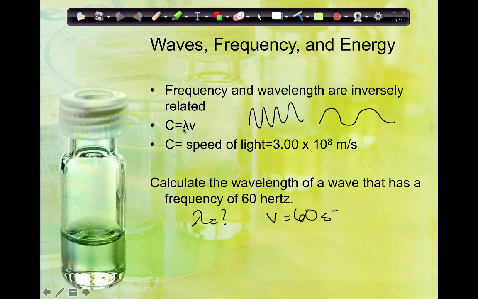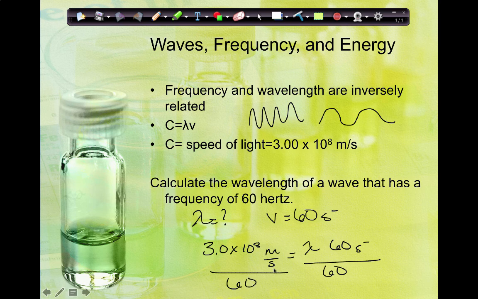Well, we have this equation. So basically we can just plug it into that equation. So my speed of light is constant, which is this. And my wavelength is unknown. My frequency is 60. So if I want to get my wavelength, just simply divide by 60.